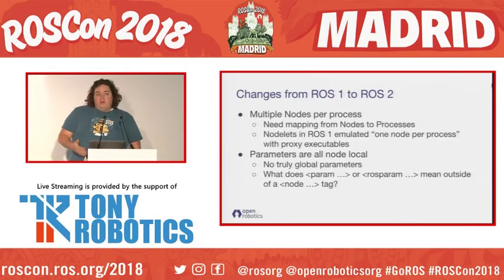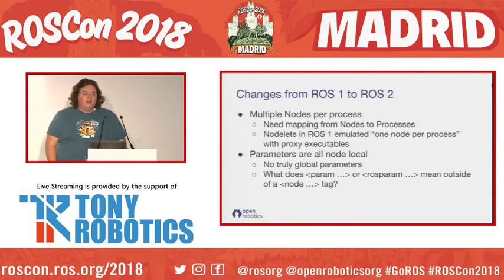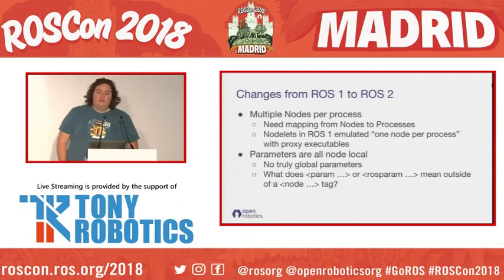Also, there's some things we have to change about launch in ROS2 because of the way that ROS2 works. A lot of things in ROS launch in ROS1 assume a single node per process, which is no longer the case in ROS2. And so we have to make some changes according to that. We essentially need to know, or ROS launch needs to know, the mapping between nodes and processes.